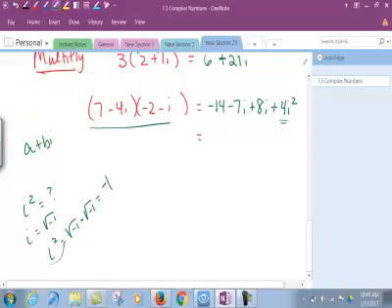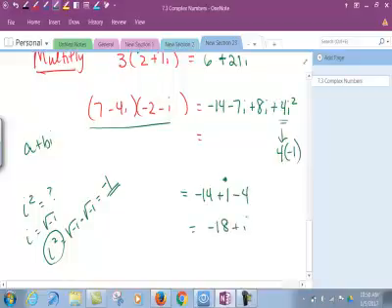So here's the deal. Anytime you end with an i squared in your answer, you may not leave that. You must change that to 4 times negative 1. All right, so final answer here, negative 14 minus, negative 7 and 8 is plus i, 1i, and then minus 4, so last final answer is negative 18 + i.